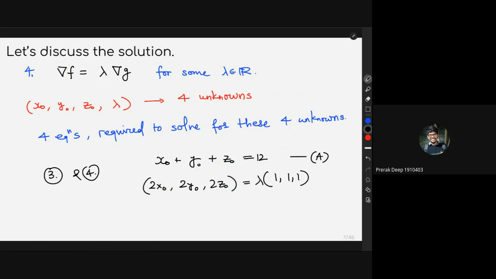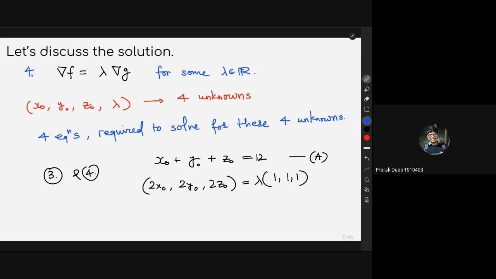Now, how do we compare two vectors? We compare two vectors given in coordinate form by comparing each coordinate. How many equations will I get from just this one vector comparison? I will get three equations.